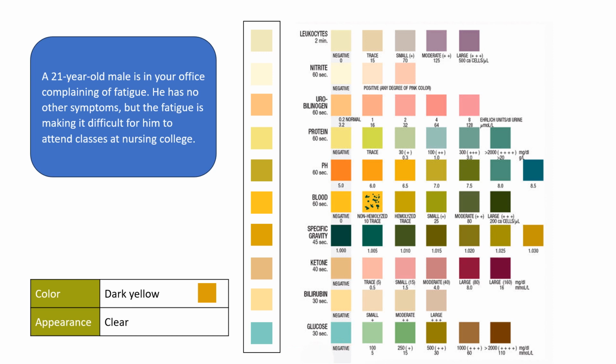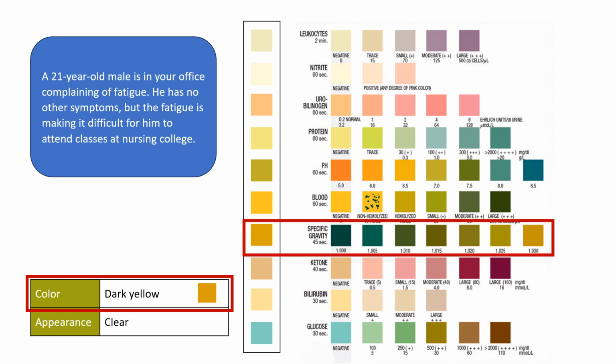So the thing that we notice is that we do have this dark yellow urine, which can be indicative of dehydration, and we can back up this suspicion, given nothing else, with the fact that he's got a very high specific gravity. So basically, he's got a lot more solutes in his urine than he really should, which means he's dehydrated, and that can leave you feeling kind of yucky.